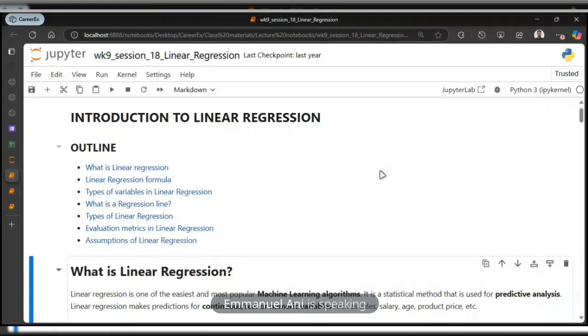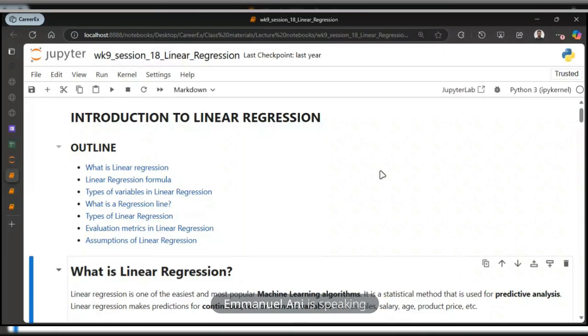But the flow of the class is going to be from linear regression, then we're going to look at logistic regression. So the essence of that is to give you a foundation and understanding of what ML algorithms are, right? So once you get to understand this linear and logistic regression, it's going to give you a basis to understand the other ones we're going to be looking at, right?